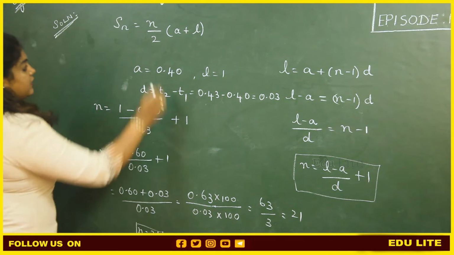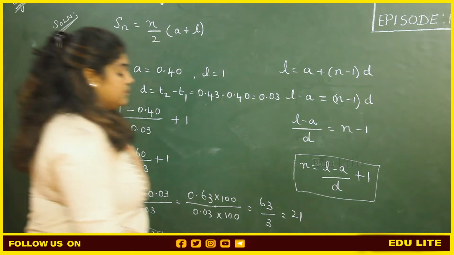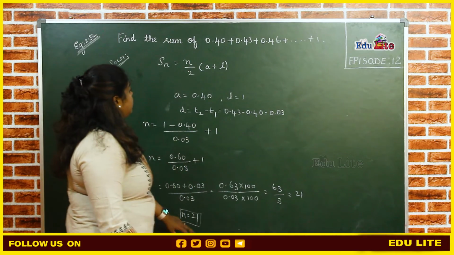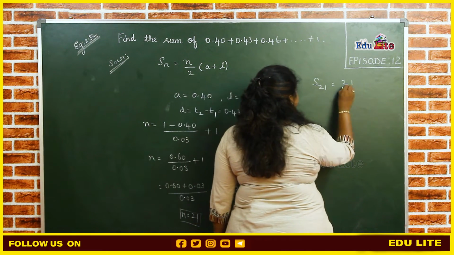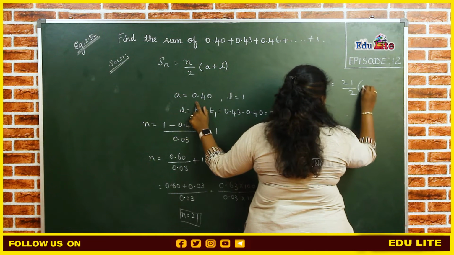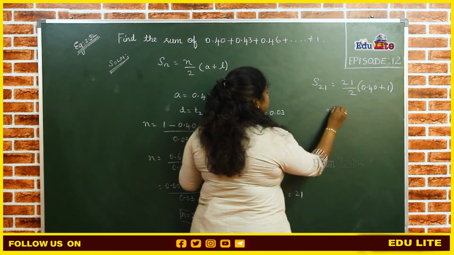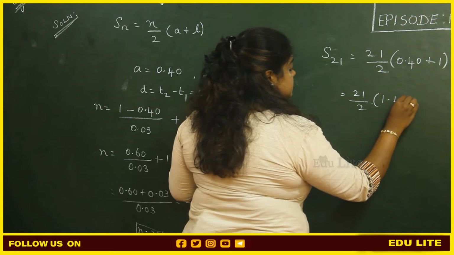Now, we can find out the sum of the series. n we got as 21, therefore, S21 is equal to 21 by 2. The a value is 0.40 plus the L value is 1. Therefore, 21 by 2 into 1.40.